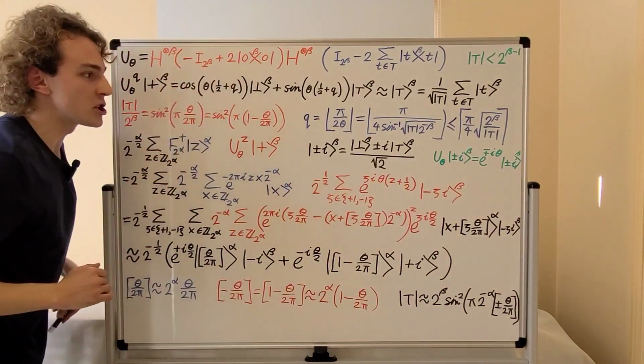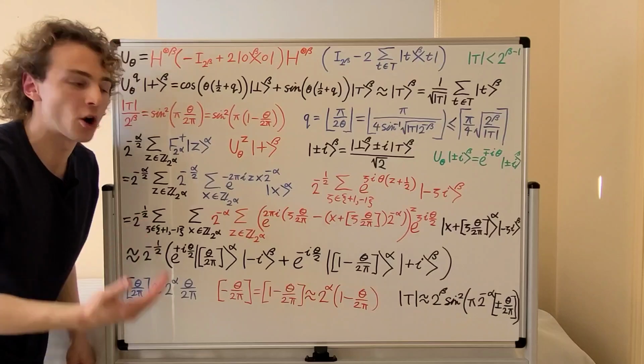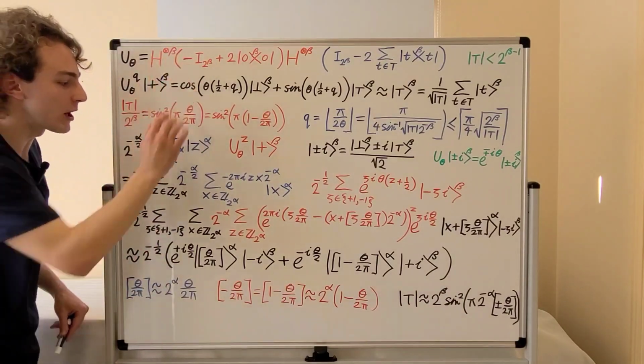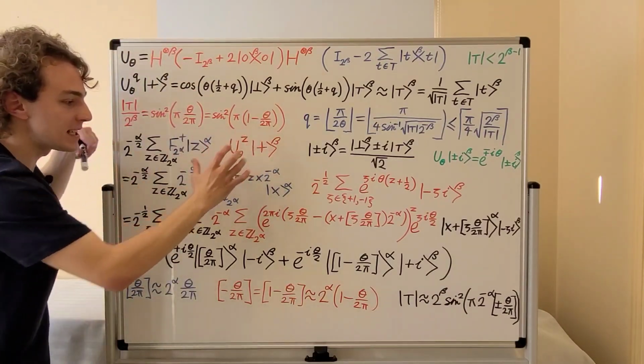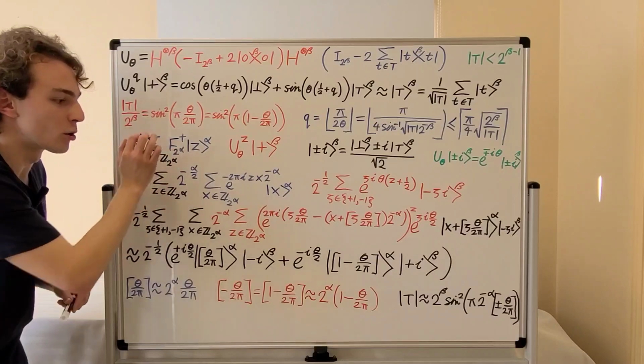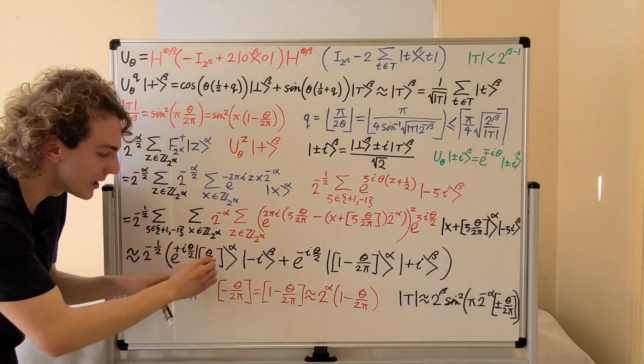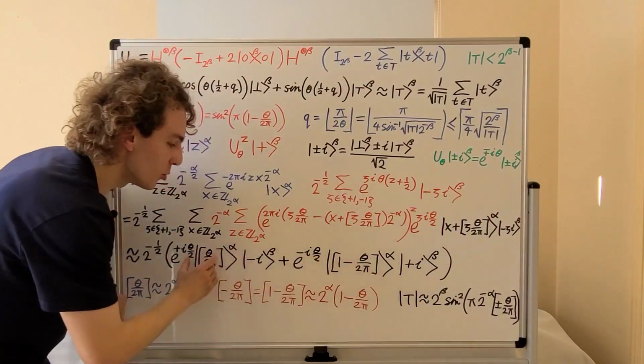So to do quantum search, we need to count the number of targets. And we can count the number of targets by preparing this quantum state and then measuring the control register. And that's going to give us a high probability of measuring these two outcomes.